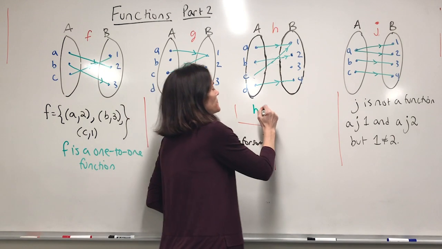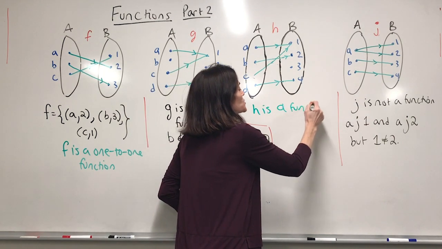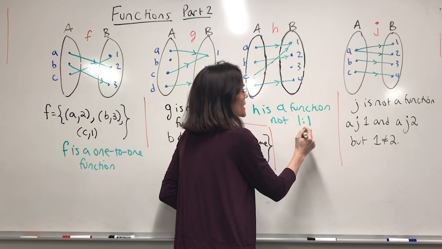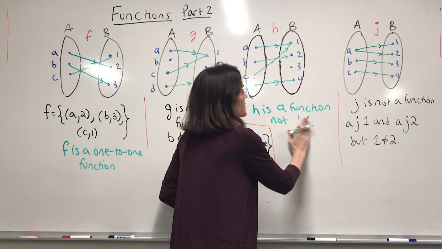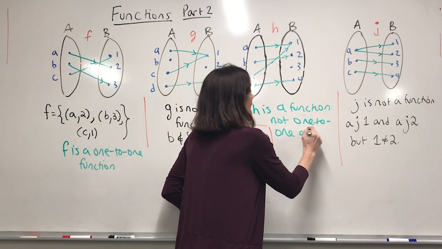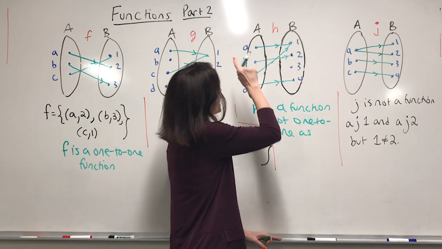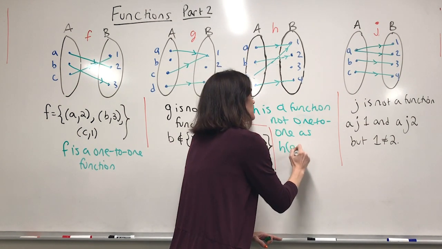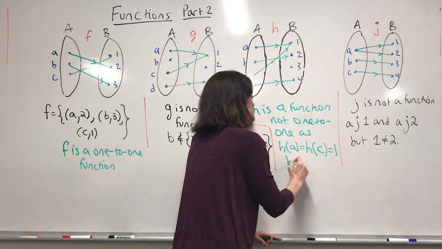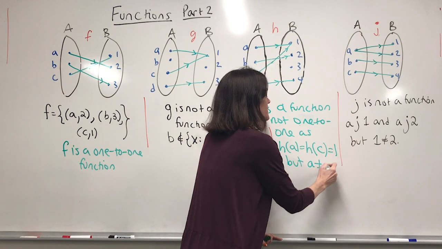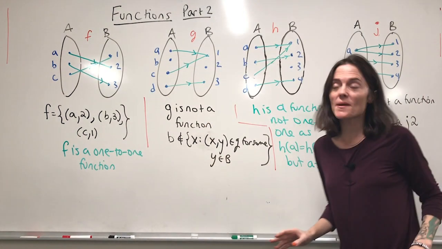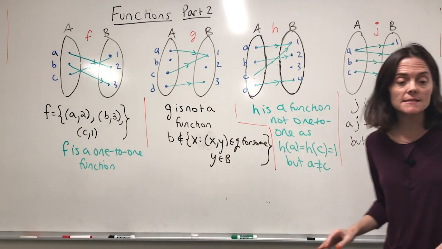H is a function, but it's not 1 to 1. Sometimes it's written this way, or 1 dash 1. H of A equals H of C equals 1, but A is not equal to C. That's our justification. Okay, so this was to refresh our memory of the kinds of things we discussed last time.